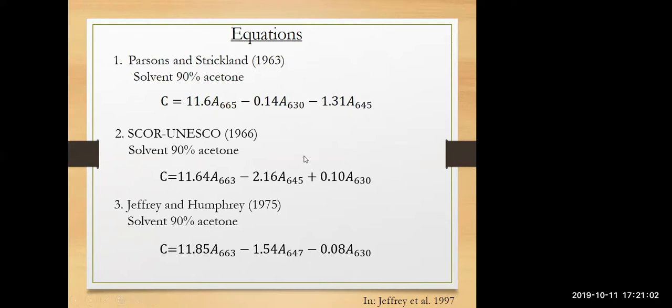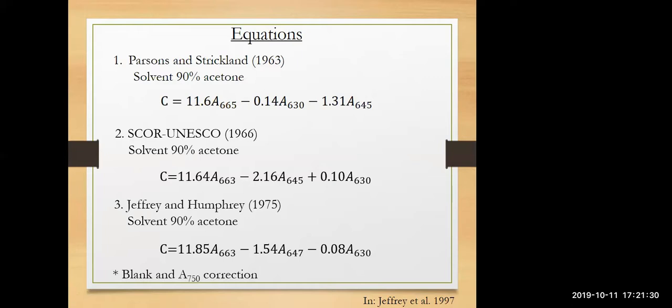The measurement of absorbance requires a blank using the pure solvent, and also a correction for the absorption at 750 nanometers. These procedures are fully described in Jeffrey's book, Phytoplankton Pigments in Oceanography, from 1997.